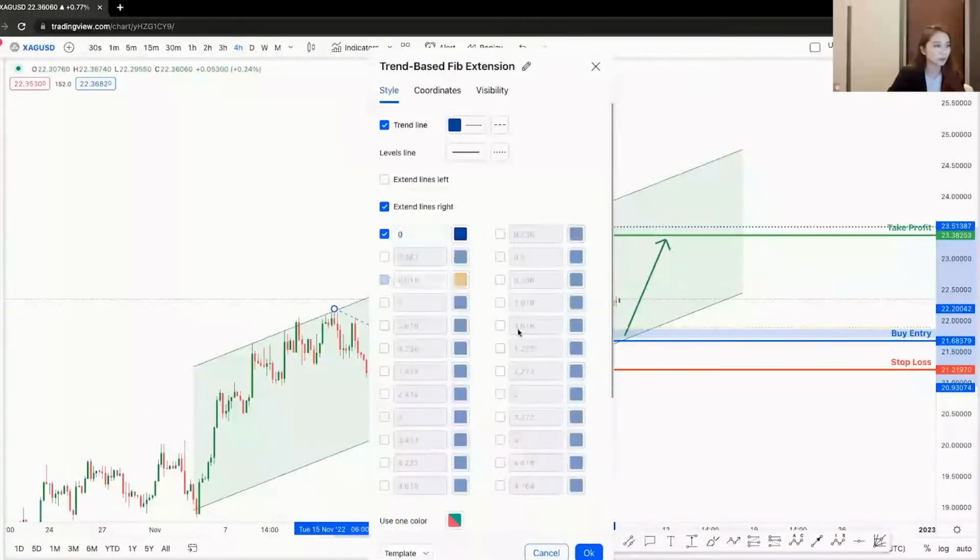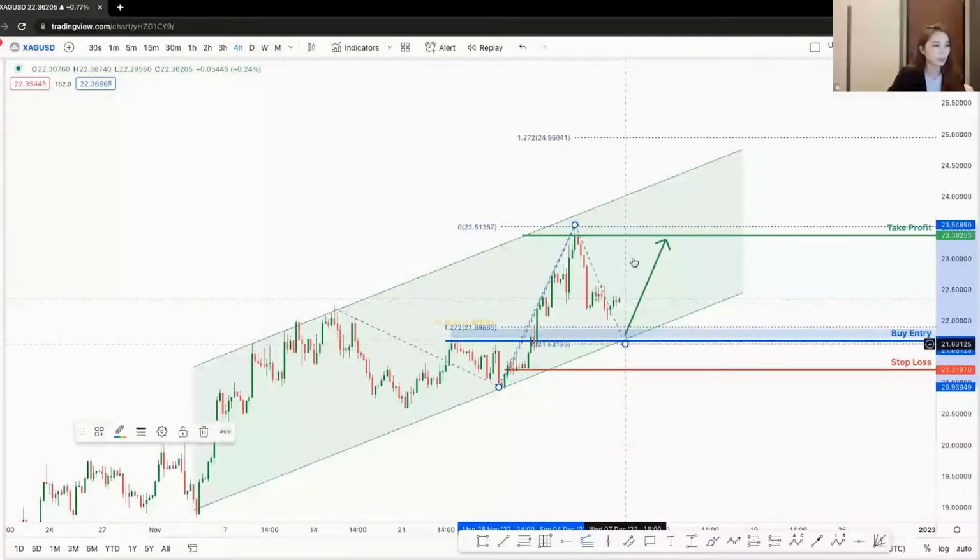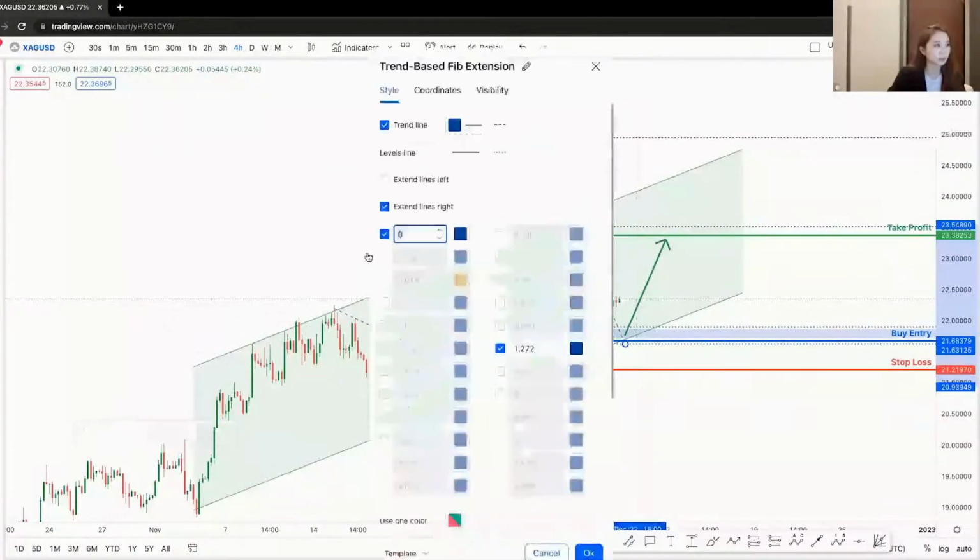Drawn wrongly. Okay, so the 127.2 coincides with our retracement. Let's take a look at our potential take profit.